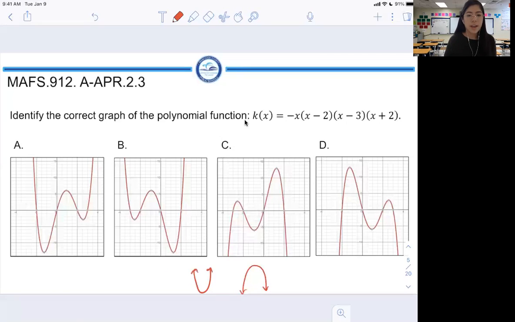Look at answer choice A. Is that similar to a positive parabola, or is it closer to a negative parabola? Yeah. Answer choice A kind of comes down.